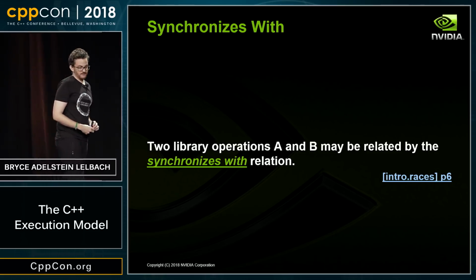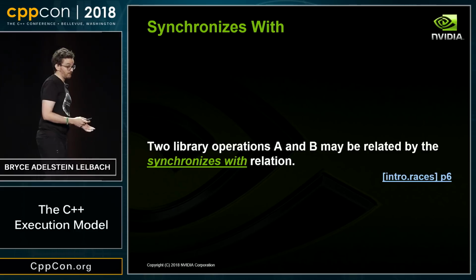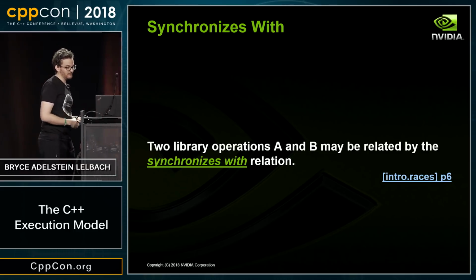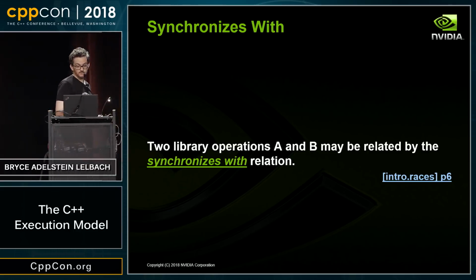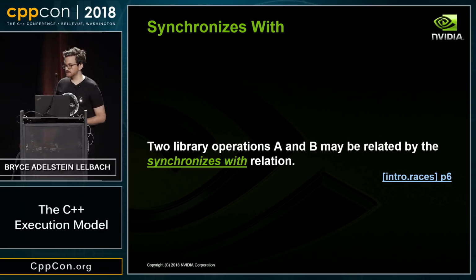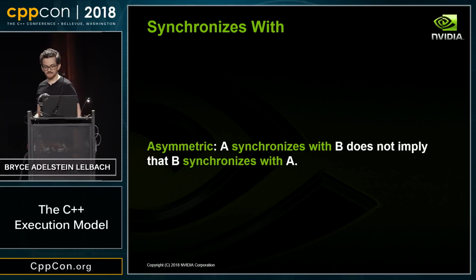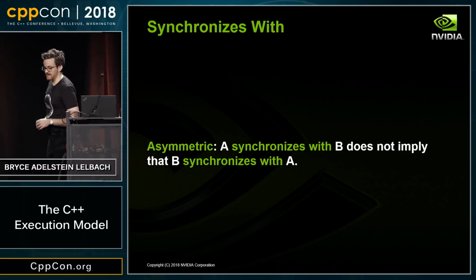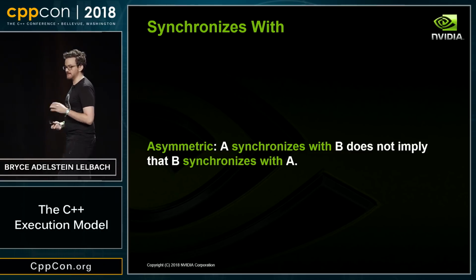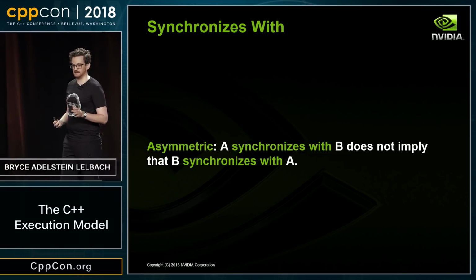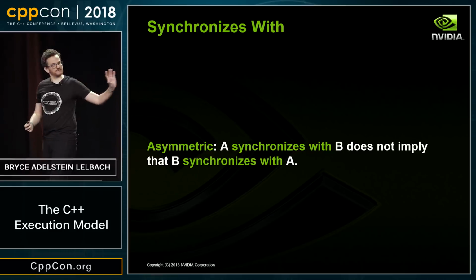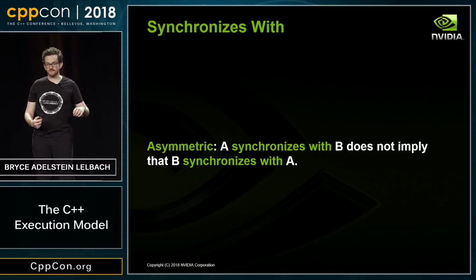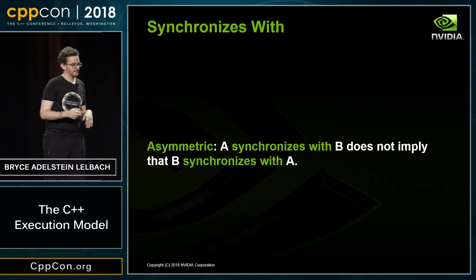So within C++, two library operations, A and B, may be related by the synchronizes with relation. Synchronizes with is an asymmetric relation. A synchronizes with B does not imply that B synchronizes with A. This makes it a little bit less intuitive than the asymmetric property of sequenced before, because synchronizes with might imply bidirectional, but it's not.